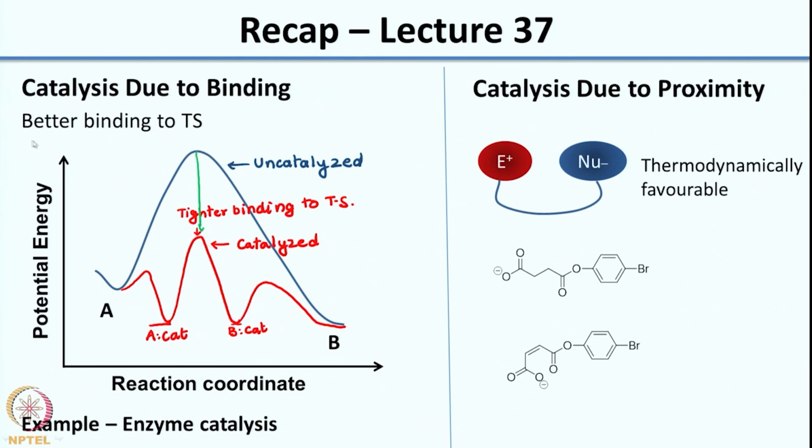So it is very important that it needs to have better binding to the transition state. And then you have the product which is again bound to the catalyst, and finally you have your product and the catalyst is released. So we had looked at the example of enzyme catalysis, where you see a pathway like this. Typically you have the enzyme, you have a substrate.